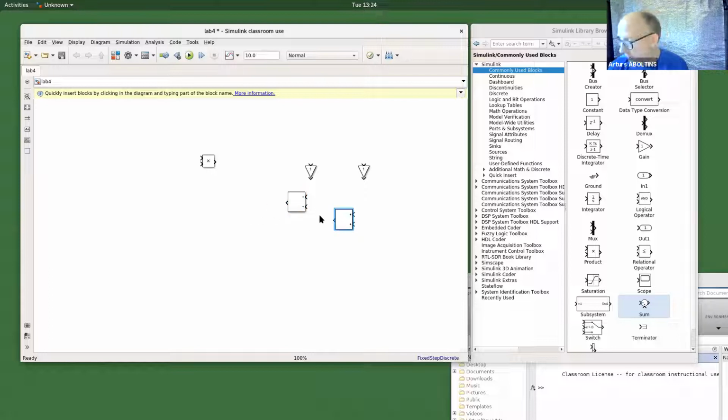And now the first gain goes to the first sum and goes to the multiplier. And the second goes from the first sum, from another sum. One of the inputs goes to the same signal.